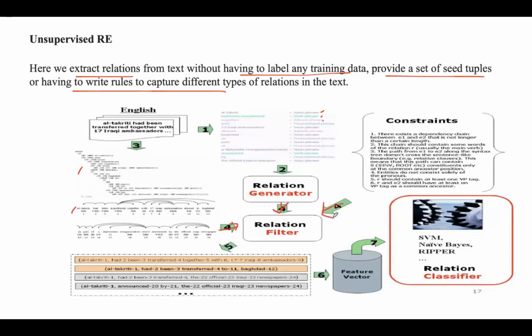What this relation filter does is filter all the relations, and that is provided to the next step as input. During this fifth step, we need to find frequency of occurrences. How many times did a single word appear in the text? For example, had occurred 2 times, been occurred 3 times, transferred occurred 4 times.